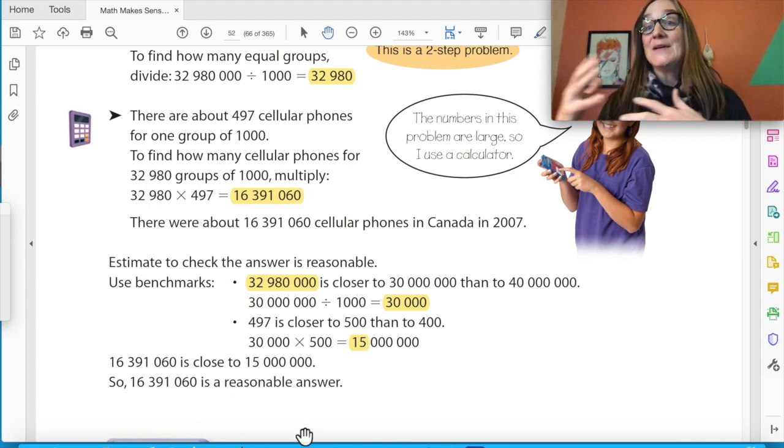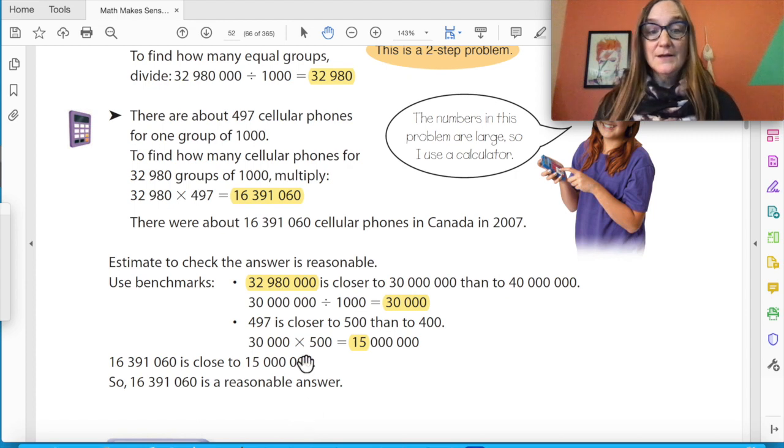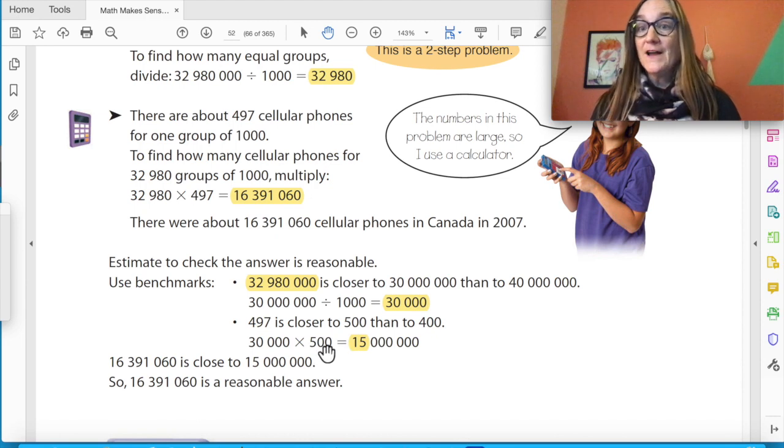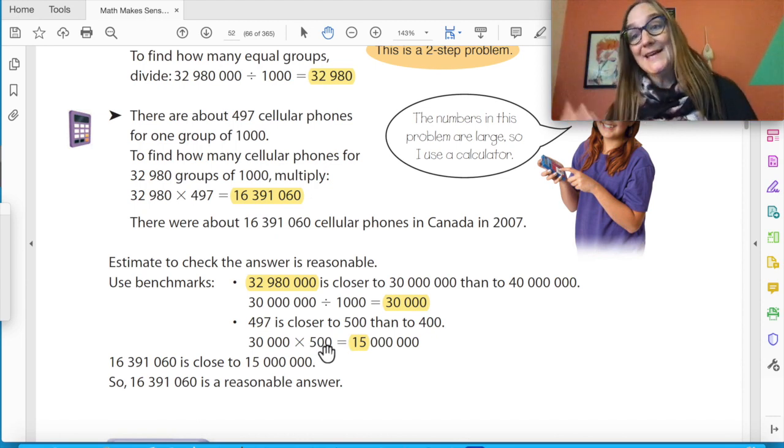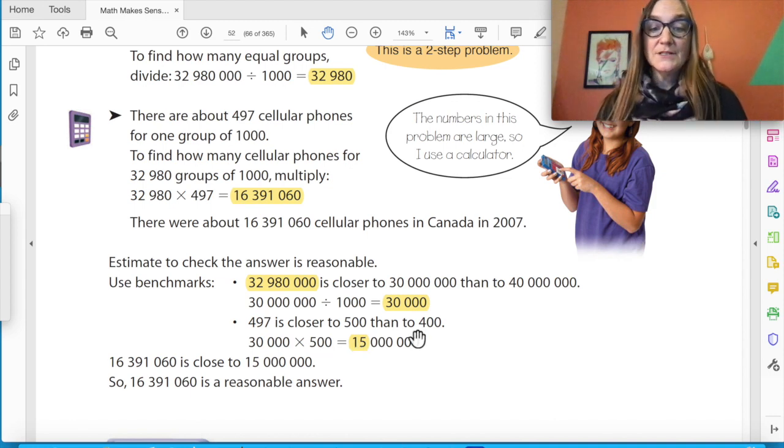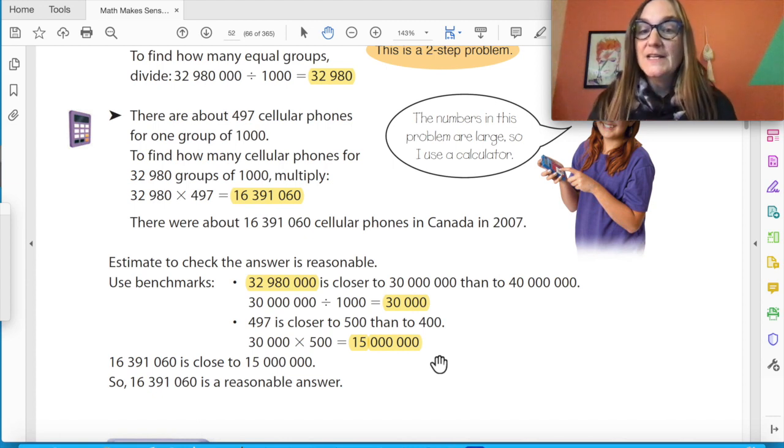Then we count up how many zeros we have all together. So with our 30,000, we got 4, and with our 500, we've got 2. So 4 zeros and 2 zeros, that makes 6 zeros all together. And we put them in here. And if we add those 6 zeros on, our total number is 15 million.